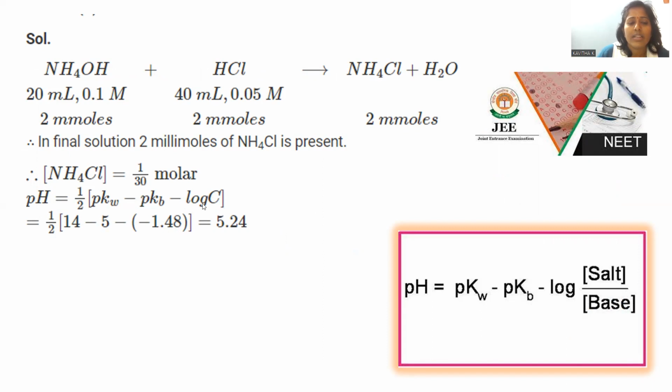How it will be? Take negative log of 1 by 30. Negative log of 1 by 30, the value will be 1.48. All the numerals can be calculated in a proper way, so that the final answer will be 5.42. Sorry, 5.24. This will be the pH of the solution, right?